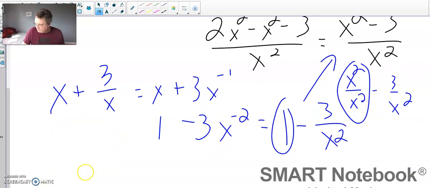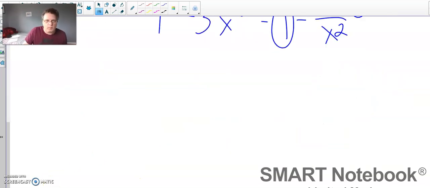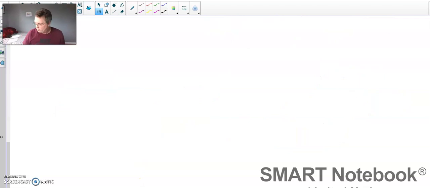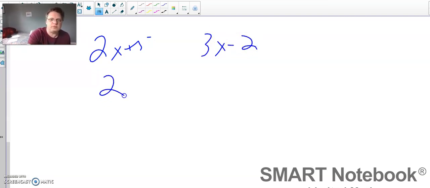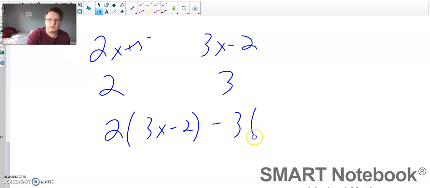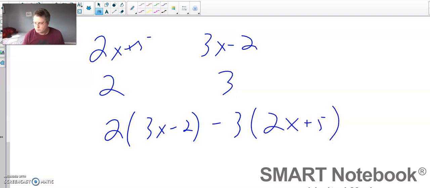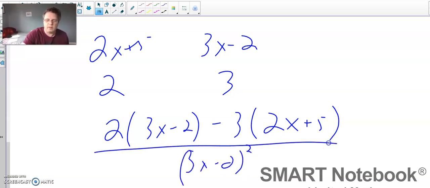Okay, number 17. I'm going to go kind of quick, so if you need to pause it, of course, pause it and take a look at it. We have 2x plus 5 over 3x minus 2, with derivatives 2 and 3. So 2 times 3x minus 2, minus 3 times 2x plus 5, all over 3x minus 2 squared.